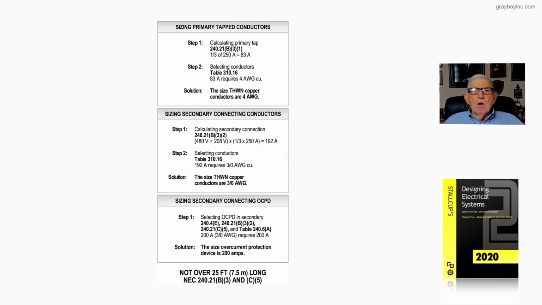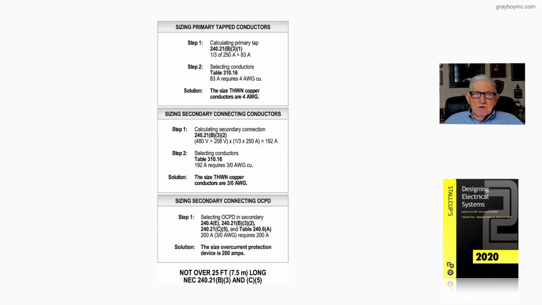Then we just take 1/3 of the feeder overcurrent device, and that would be the minimum size conductors for the feeder tap to the primary side of the transformer. And that's what figure 20-36 is illustrating, how we could make these taps and also place the overall installation within 25 foot from the primary tap off of the feeder to the secondary termination of the conductors.